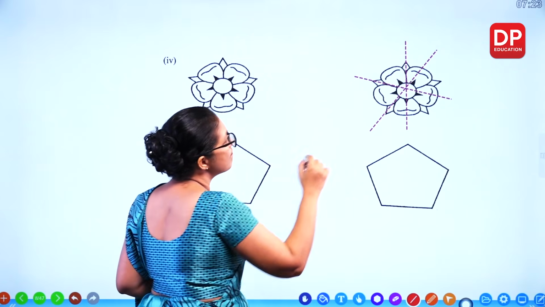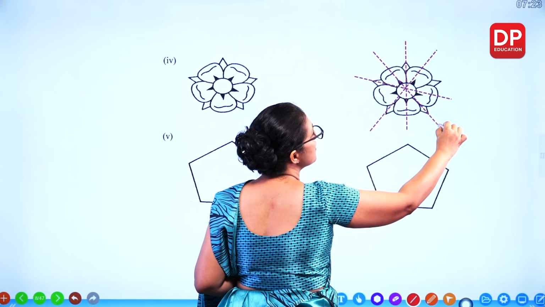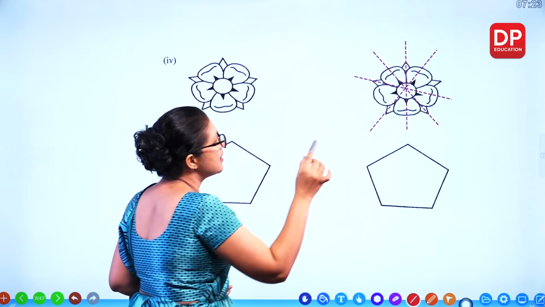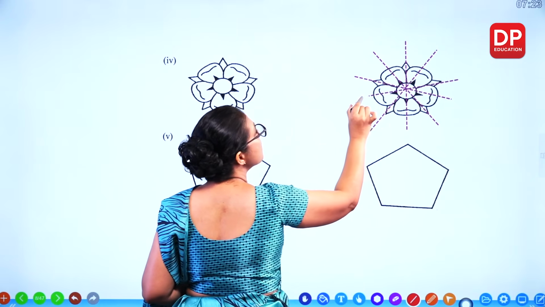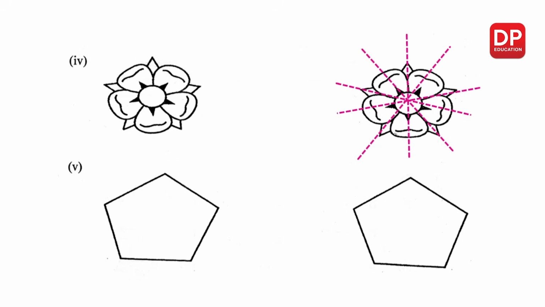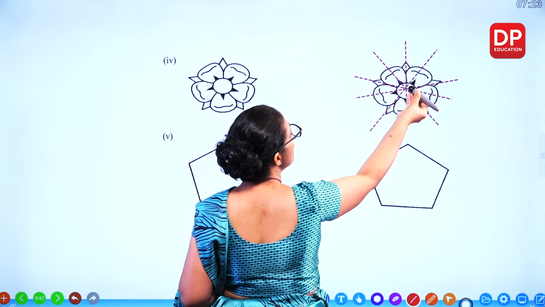Then this line also possible. Divide into two equal parts. And also this line. So how many lines are you getting? 1, 2, 3, 4, 5.